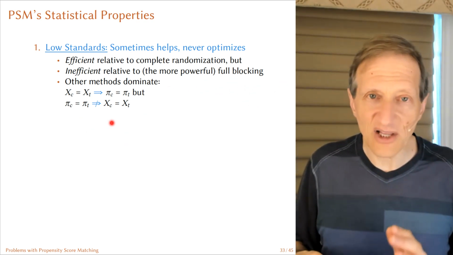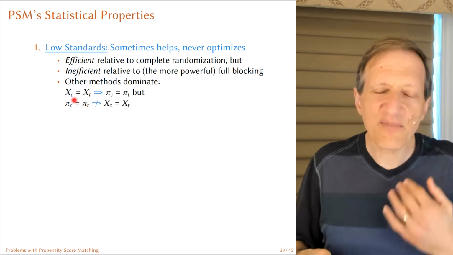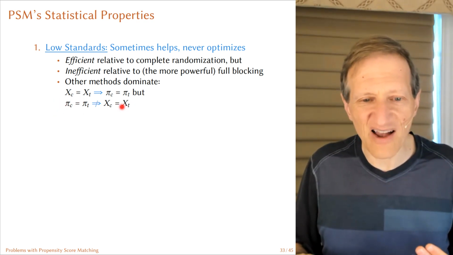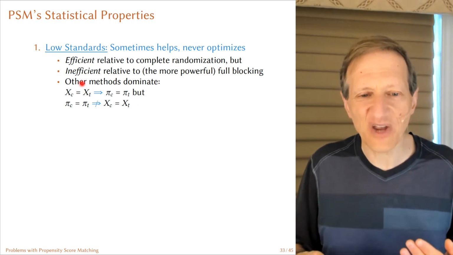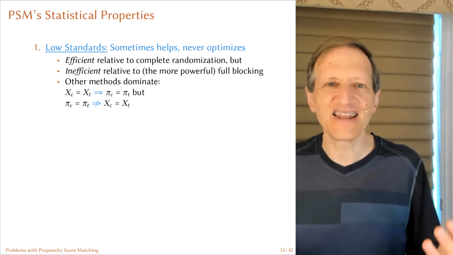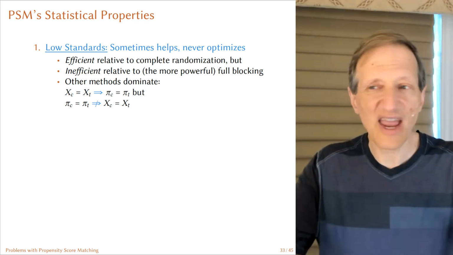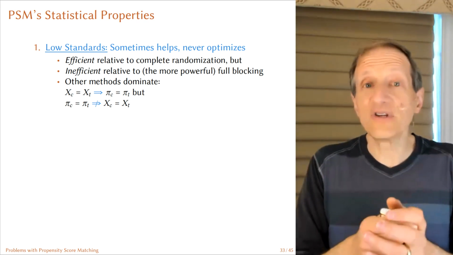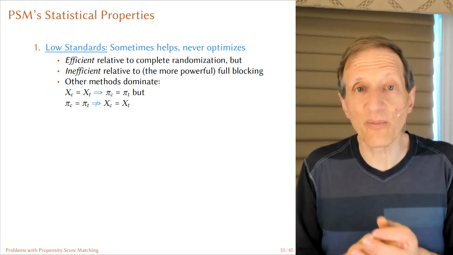The applied literature is written as if this second line had an equality, and they don't care about the first line. They think that you take the data and you can't match in 24 dimensions, you reduce to 1 dimension, and that's all you need because there's this great propensity score matching theorem.